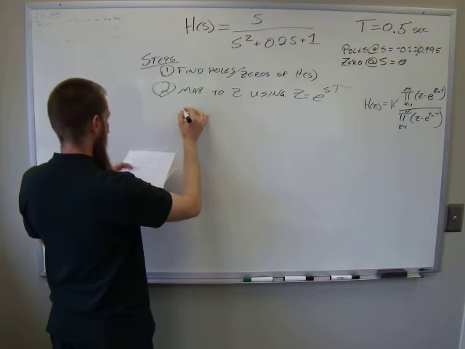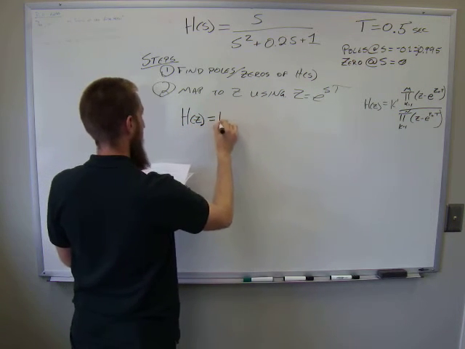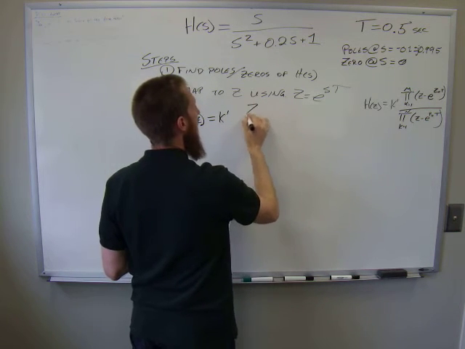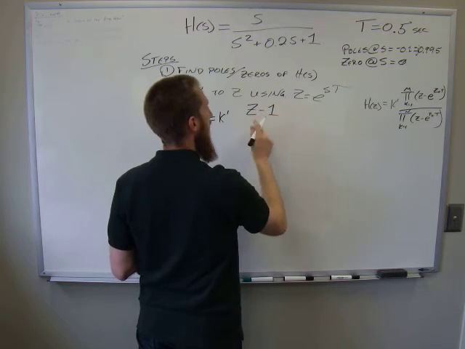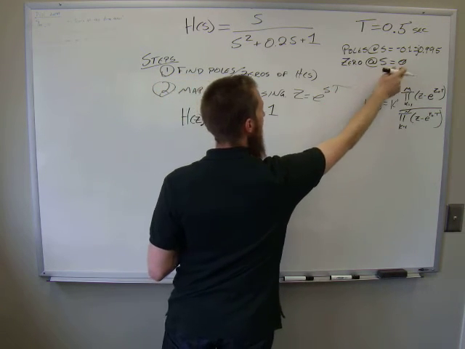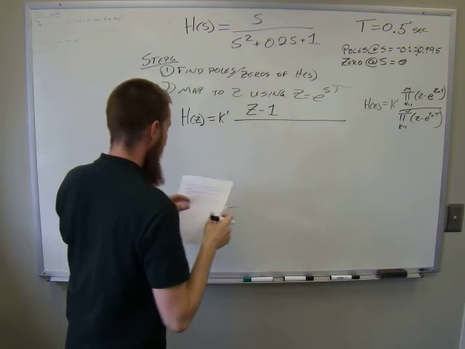So H of z is going to be equal to K prime times, in the numerator, z minus 1, that is e to the sT at s is equal to 0 for that guy.